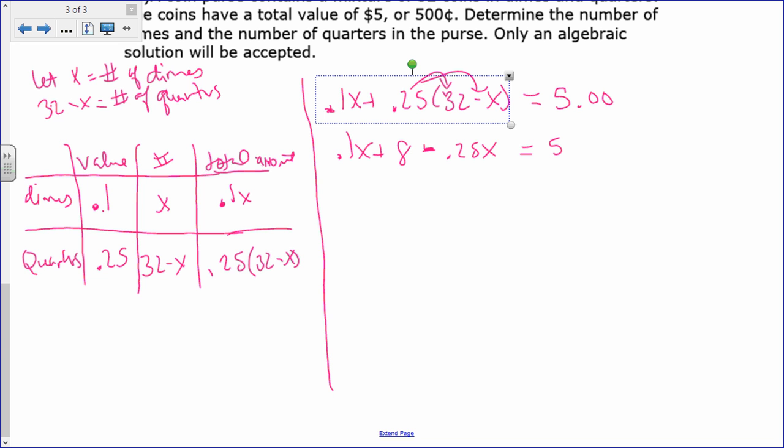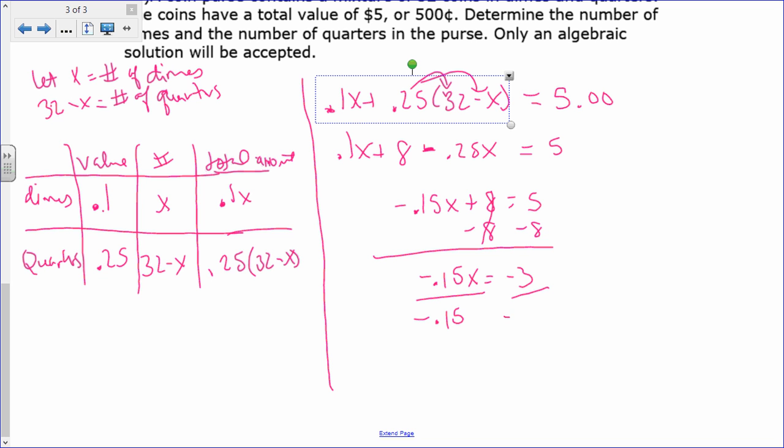0.1 and minus 0.25. Think of this as a 10 and a negative 25, so it'd be negative 15. So it's negative 0.15x plus 8 equals 5. Subtract 8. So negative 0.15x equals negative 3. Divide by negative 0.15.